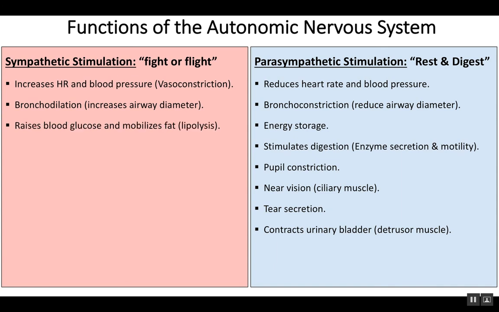Blood sugar goes up. We break down fat, so that's called lipolysis. Lipo refers to lipids or fats. Lysis means to break down. That's a way to mobilize energy, to get more energy distribution. Digestive processes are inhibited by sympathetic stimulation. So if you think about exercising, typically it's not a great idea to eat and then go exercise.